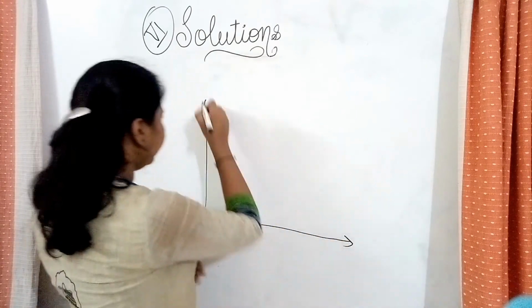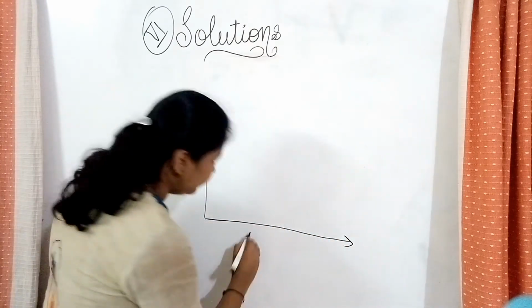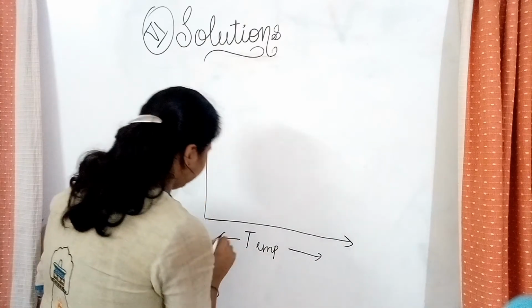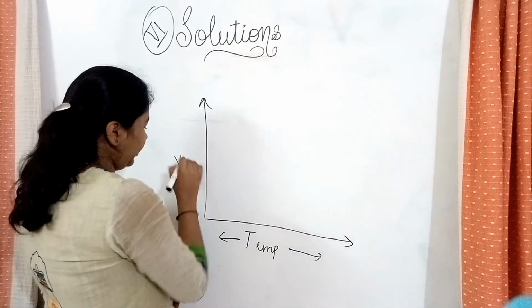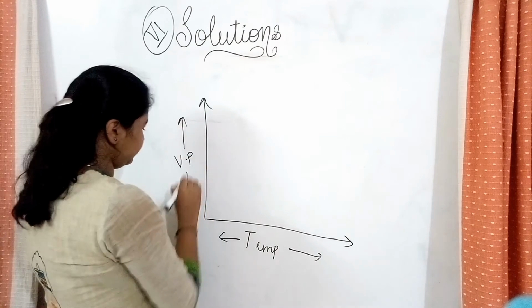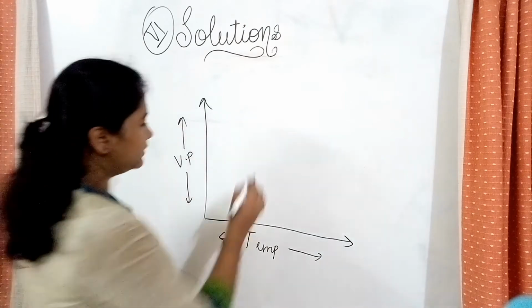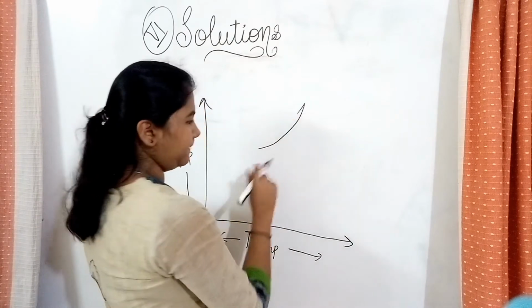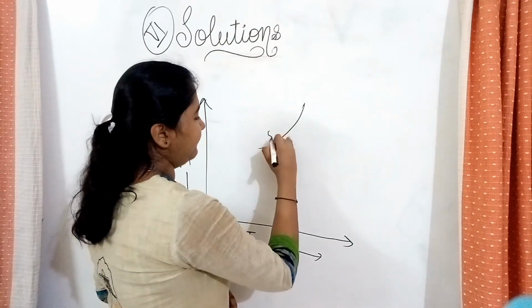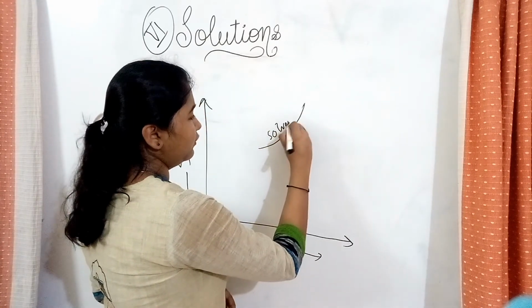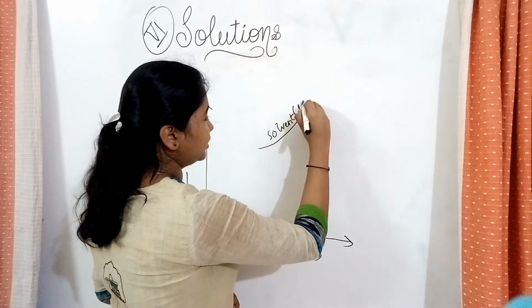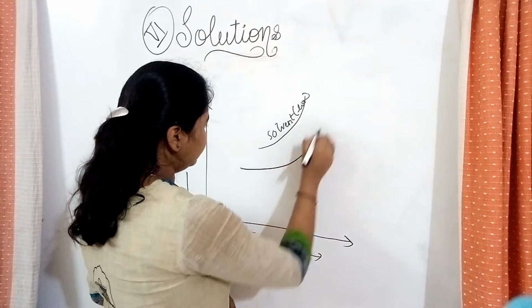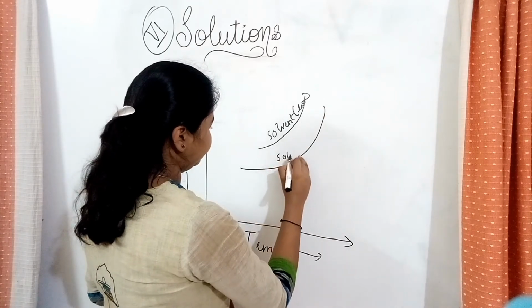As usual, on the x-axis we have temperature and on the y-axis we have vapor pressure. The first graph is of our solvent, our liquid solvent. Then it is of the solution.